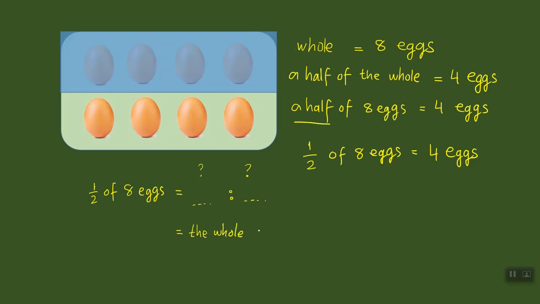While the whole contains 8x, we can say a half of 8x is the same as 8x divided by 2, because the whole is divided into two groups. One group is covered by the blue layer, and the other group is without covering.